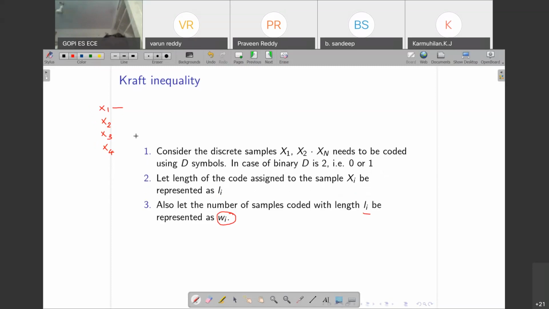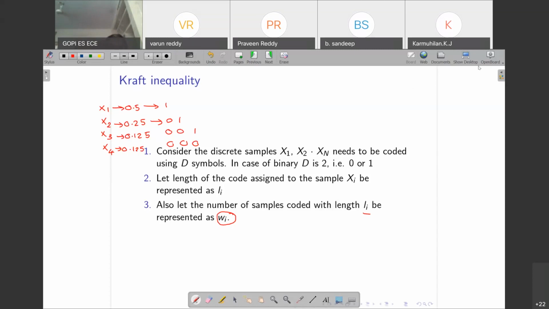So in this example, L1 is 1, L2 is 2, L3 is 3, and L4 again 3.